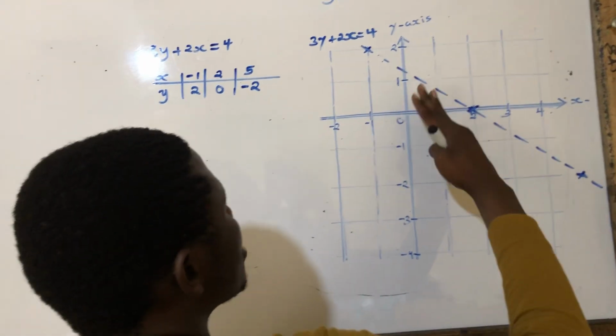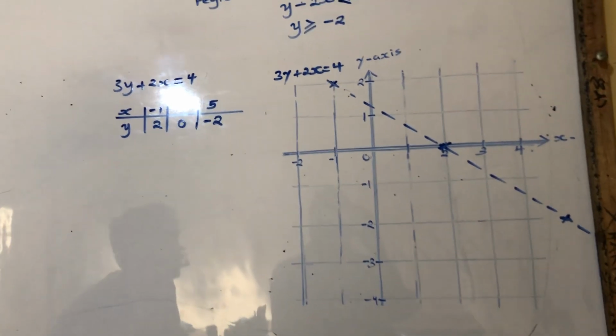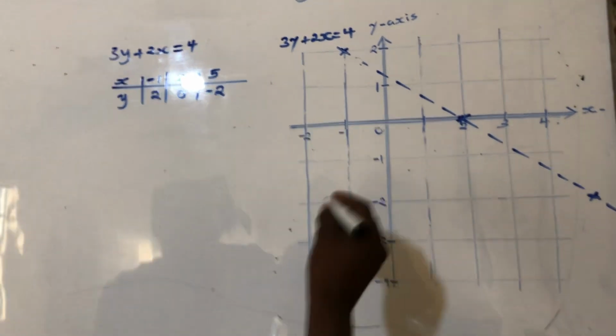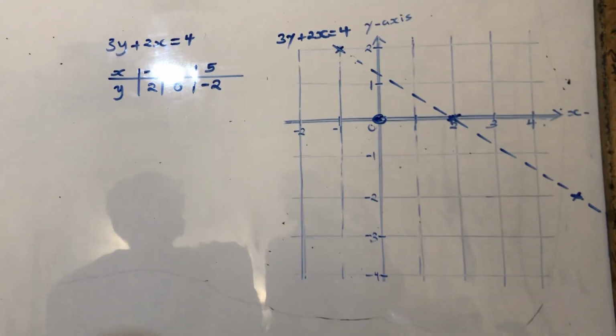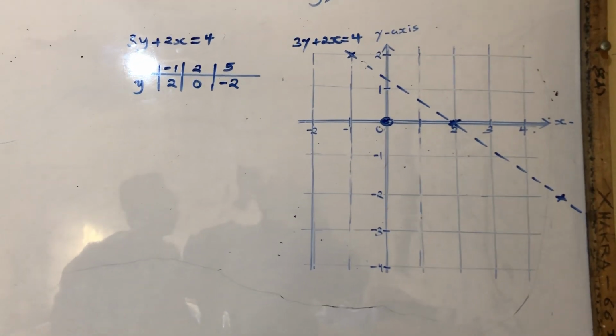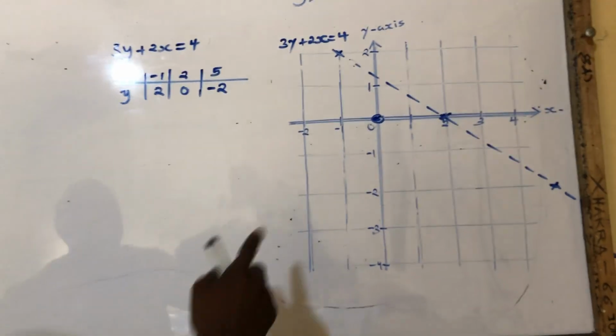Let it be any other point, but not a point on the line. In this particular case, 0, 0 becomes a very good point because it is faster and much easier. You do not need a calculator to use 0, 0. So let's work with 0, 0.